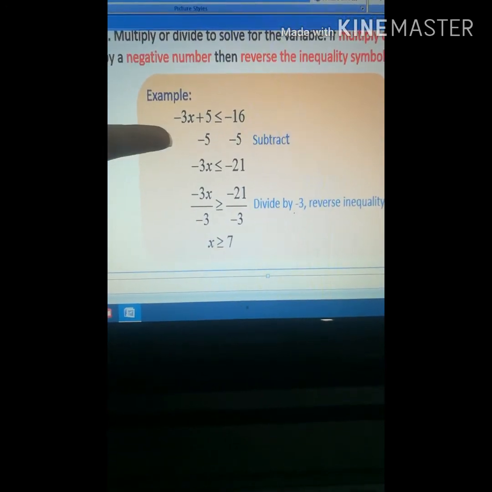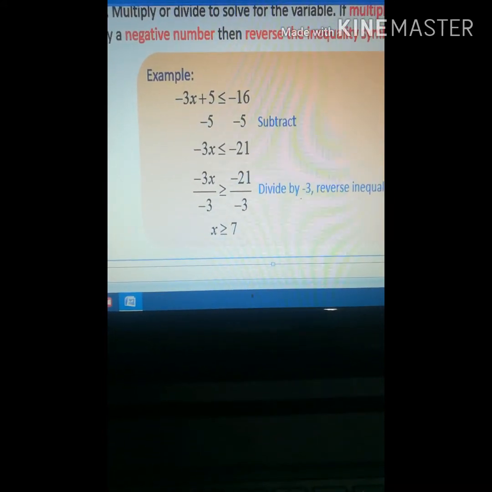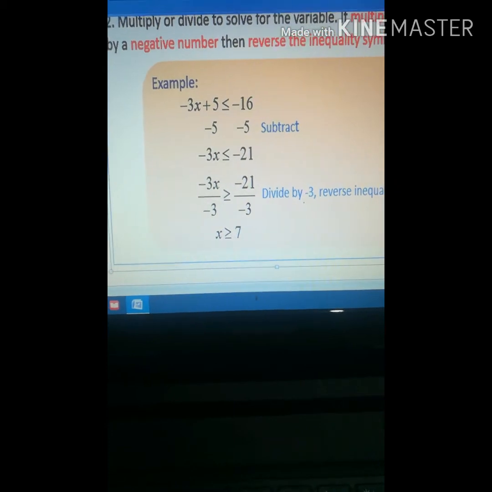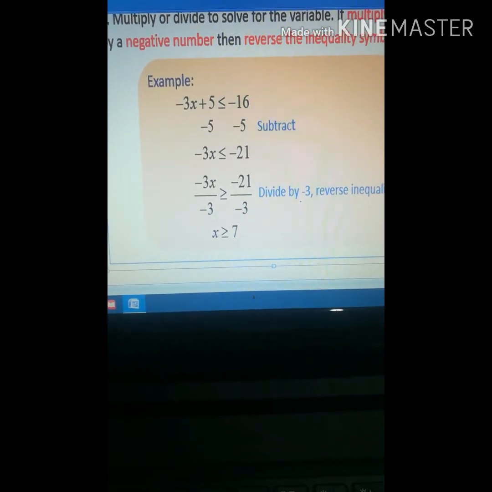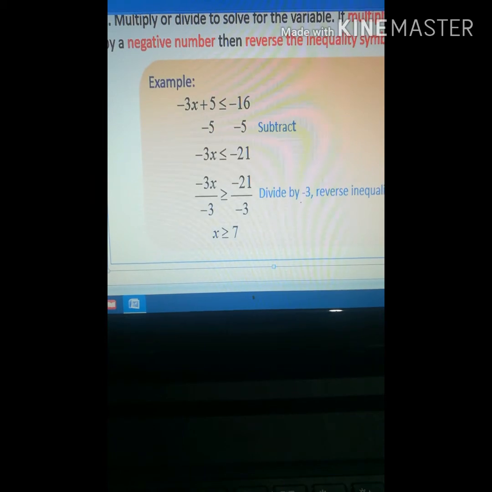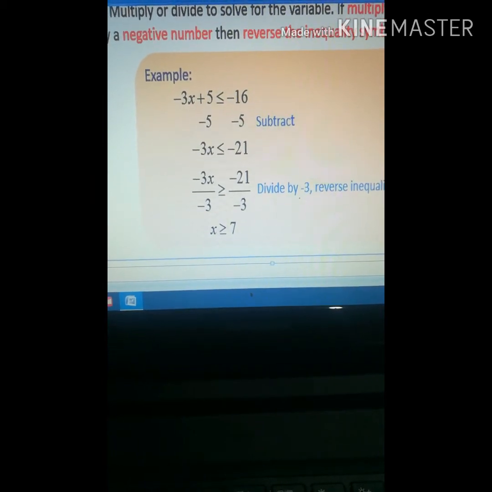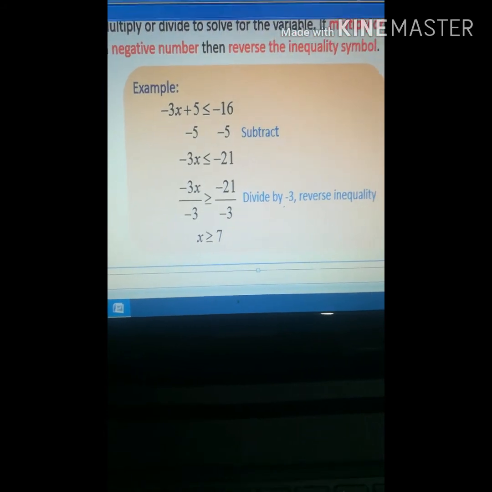So here is the inequality and you have to solve it using the steps I said before and find the solution set.